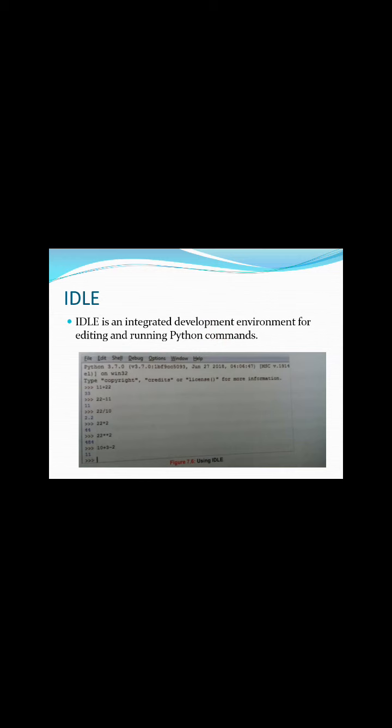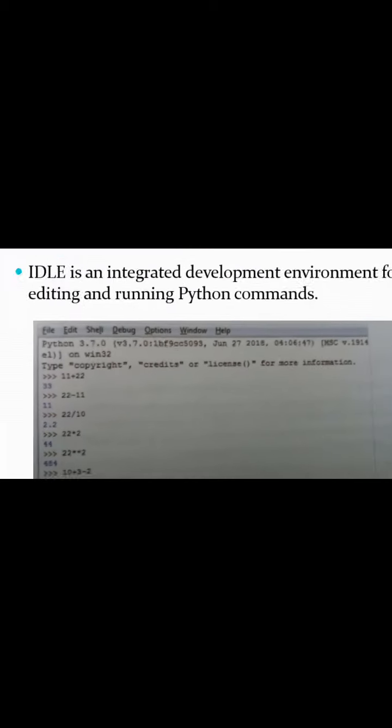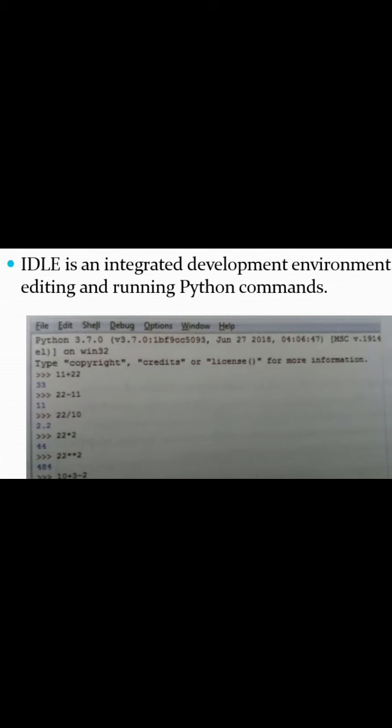Okay, let's see one example I am explaining to you. When you open this IDLE and write directly, without any print statement or expression, just write here 11 plus 22, you will get the answer.